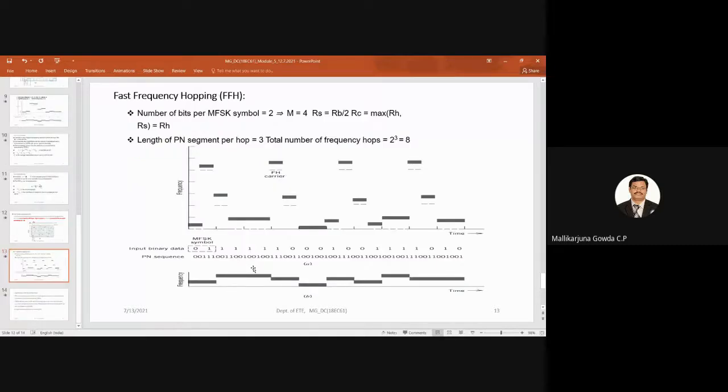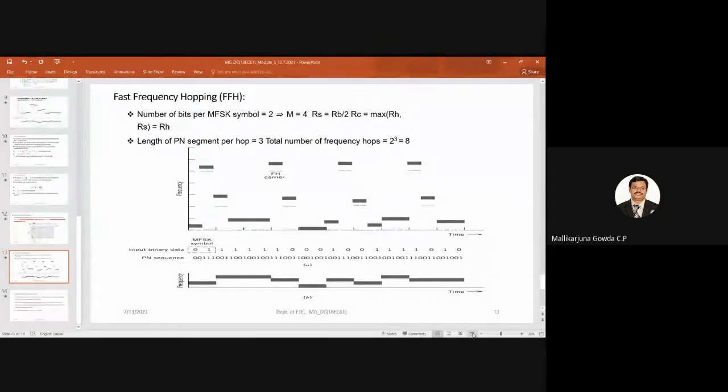This is another example, where I think I have shown a PN sequence of 3 bits, whatever I was telling in the previous case. Just have a look, try to understand this. And since the PN sequence is written continuously, I think I should split this.